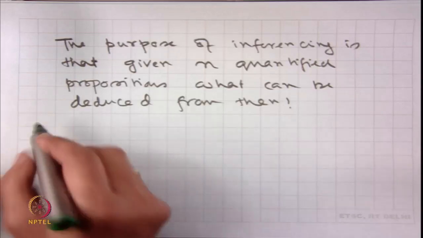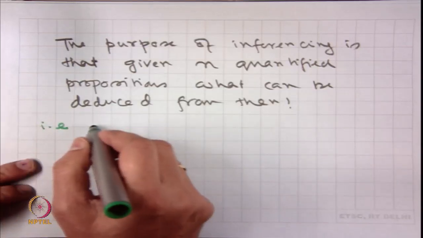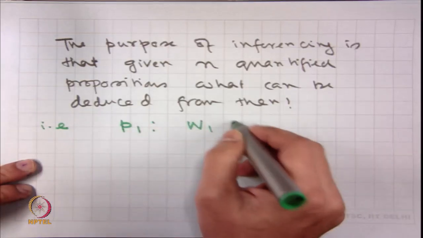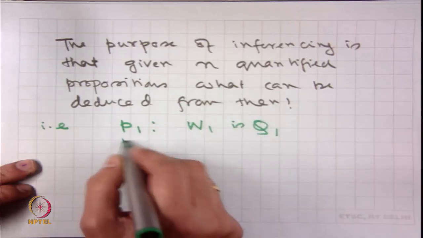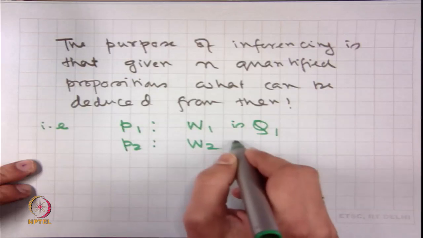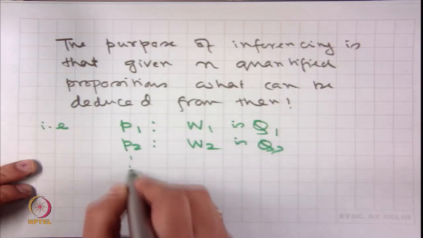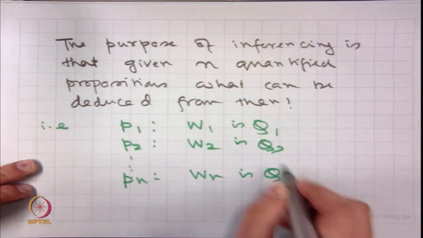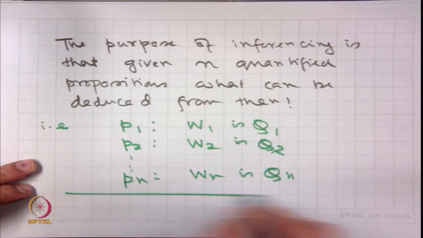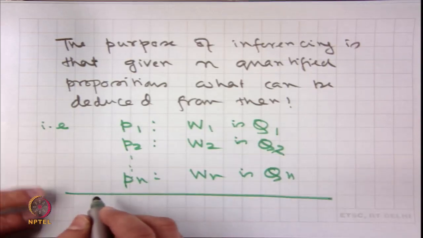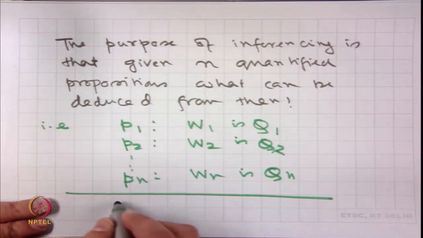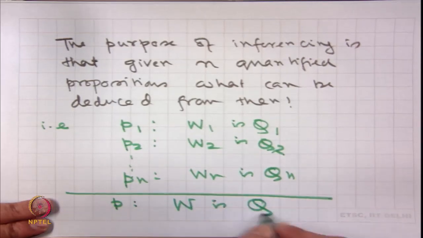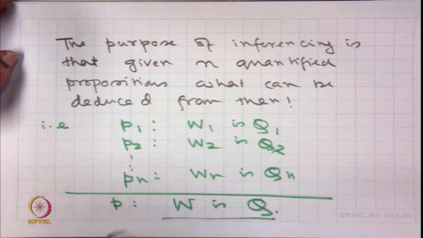That is, if we have P1: W1 is Q1, P2: W2 is Q2, up to Pn: Wn is Qn, our aim is to find a statement P: W is Q, and we try to obtain its truth value.